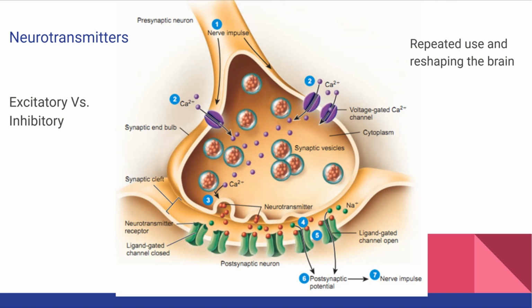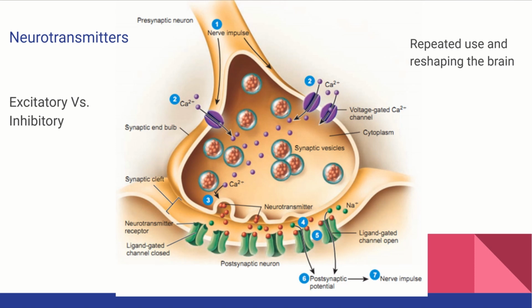Or it could even, in some cases, if we have overstimulated the release of a certain neurotransmitter, lose the ability to make it. So we actually can reshape our brains based on neurotransmitter usage.